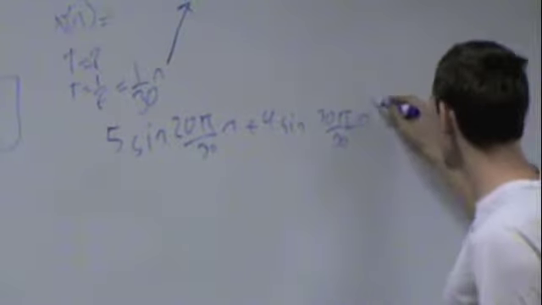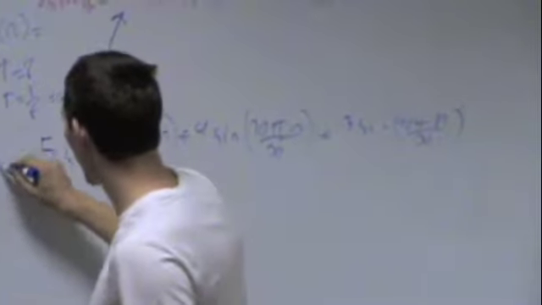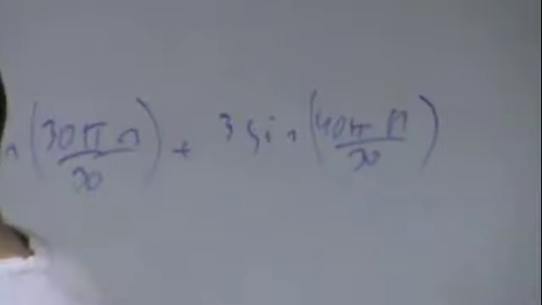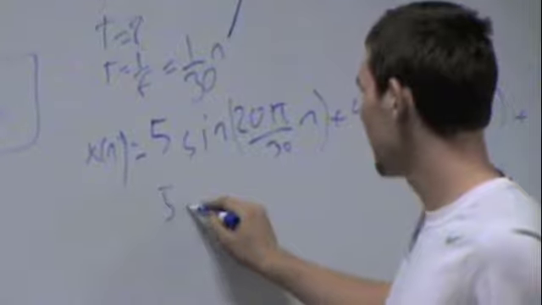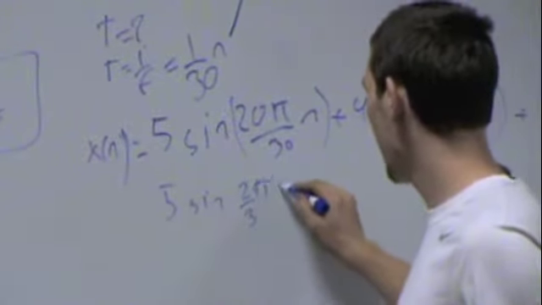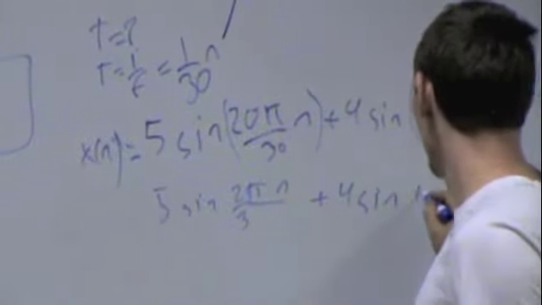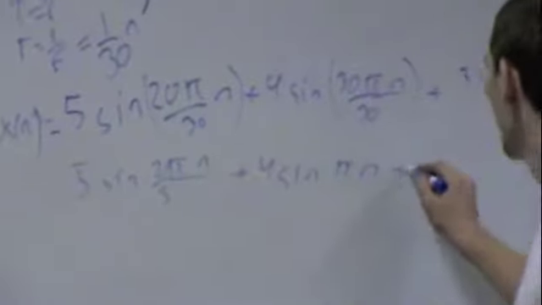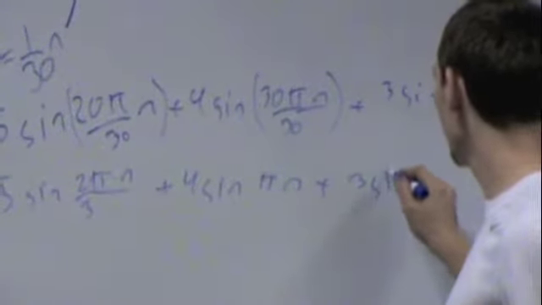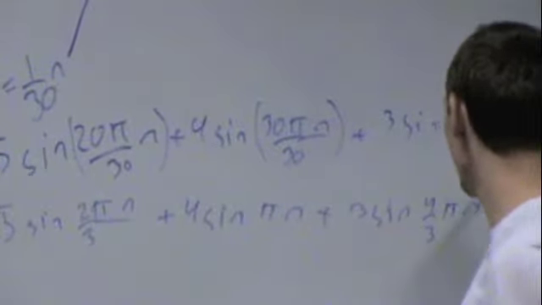So you come up with all these, and that's x of n. And then all you have to do is simplify. So this becomes 5 sine 2/3 pi n plus 4 sine pi n plus 3 sine 4/3 pi n.